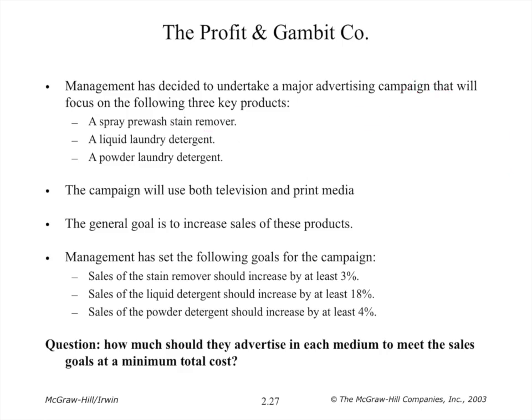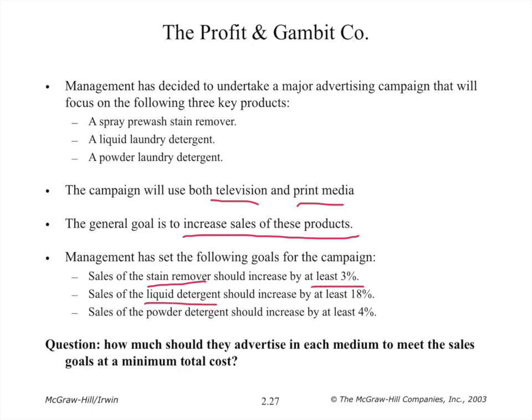The campaign will use both television and print media. There are two resources here, television and print media. The general goal is to increase sales of these products. Management has set the following goals for the campaign. Sales of stain remover should increase by at least 3%.